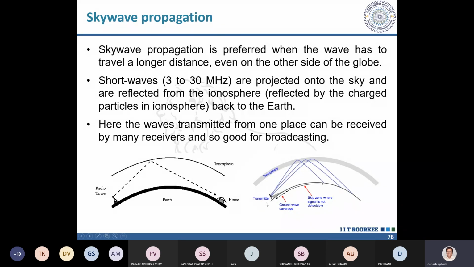If we are somewhere here, London is somewhere here, so it is not in the line of sight. So in earlier days, radio stations used this shortwave, the skywave communication, for broadcasting signals from one country to another, from one continent to another.